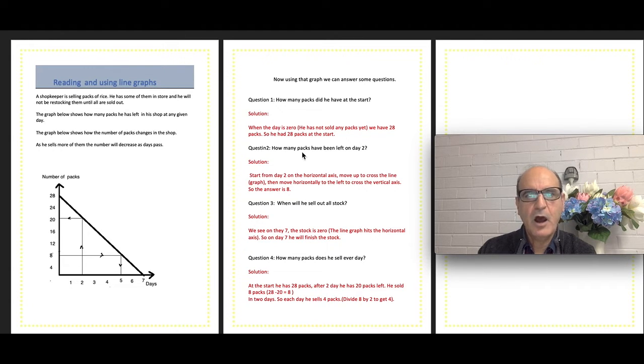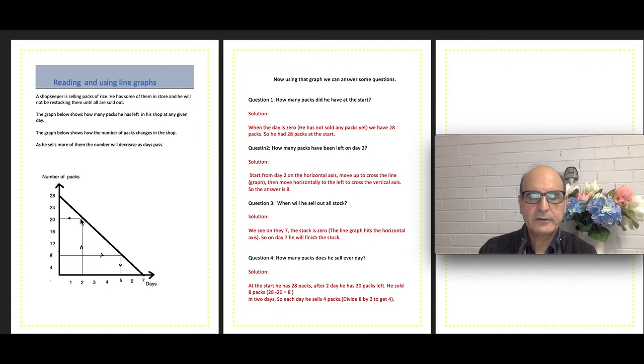Question 2. How many packs have been left on day 2? So at the end of day 2, we want to see how many packs he's got left in his store. So again, we start from day 2 on the horizontal axis or days axis, and we go vertically up, so we cross the graph.